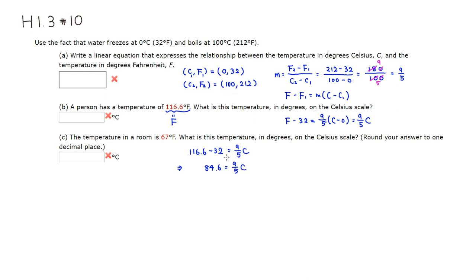Then we need to isolate C, so we multiply by 5 over 9.